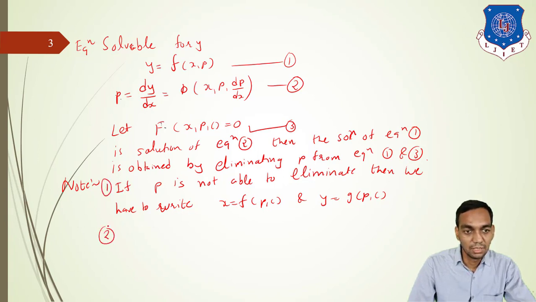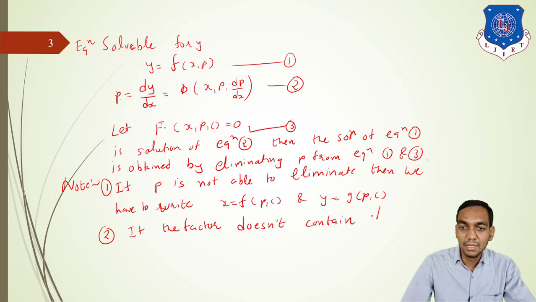Second one, if the factor does not contain dp by dx, then ignore.